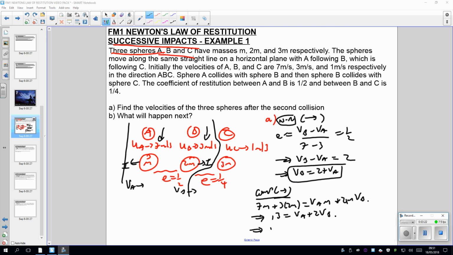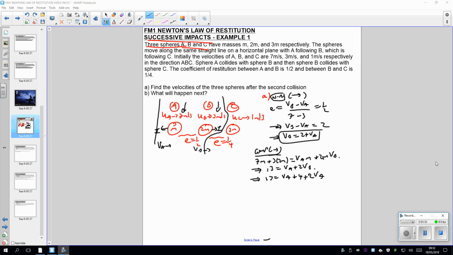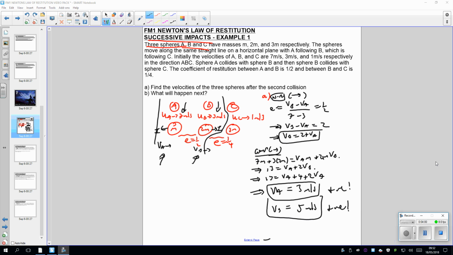We need to sub in VB, so we get VA plus 2 lots of 2 is 4, plus 2 lots of VA is 2VA. So VA equals 9 over 3, so 3 meters per second. What's VB then? VB is 2 plus VA, so that means 5 meters per second. Does the direction change? No, because I assumed it was all going to the right from my diagram, and my numbers are positive. So the direction is unchanged.